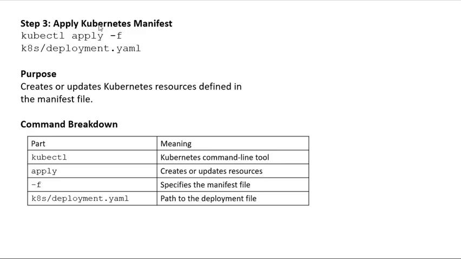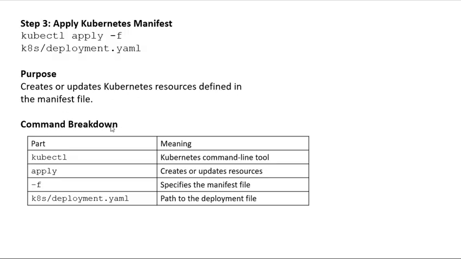Step 3 is apply the Kubernetes manifest: kubectl apply -f k8s/deployment.yaml. The purpose is to create or update the Kubernetes resources defined in the manifest files.